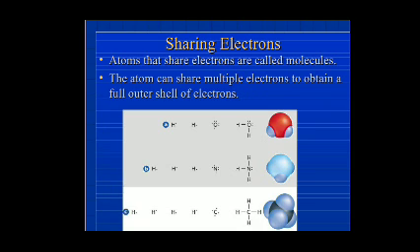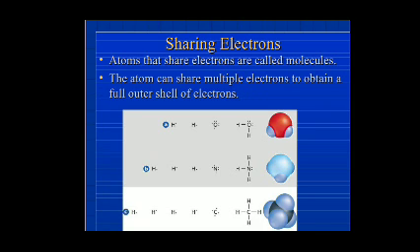In the water molecule, there are 2 covalent bonds between oxygen and hydrogen. In the ammonia molecule, there are 3 covalent bonds between nitrogen and hydrogen. In methane, there are 4 covalent bonds between carbon and hydrogens.